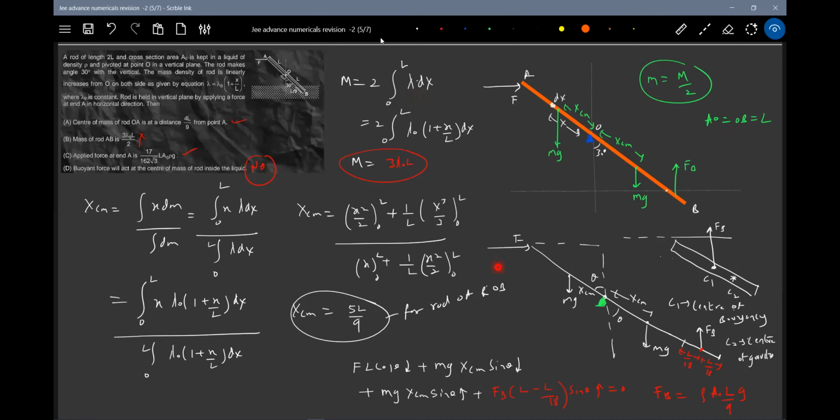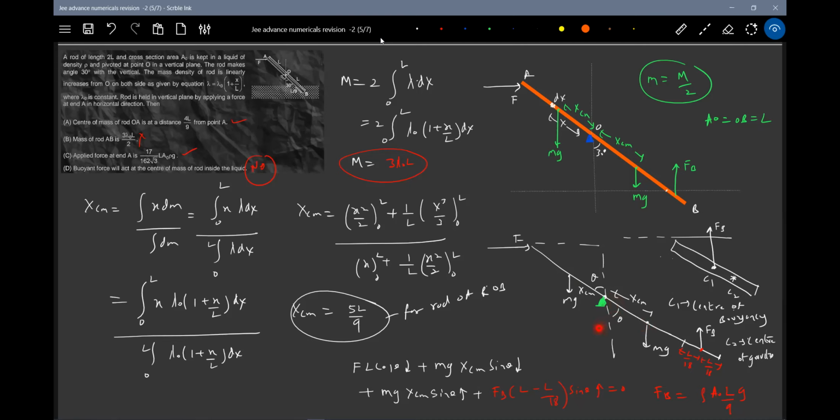Then after this, for equilibrium, these are the forces. The weight of the rods OA and OB will act at a certain point, not at the midpoint, but somewhere away. We know that XCM value. Then applying the torque equation, F into L cos theta will be FL cos theta, clockwise. The weight mg, with distance XCM sin theta, gives torque mg XCM sin theta.